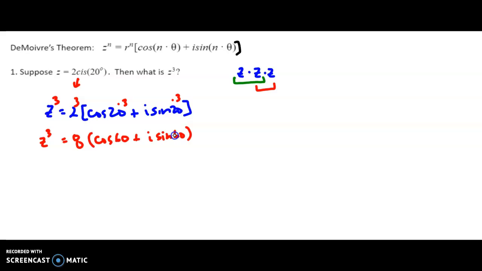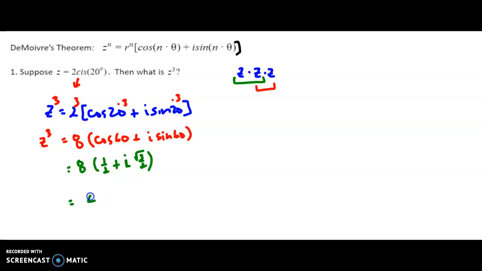Or if it asks you to put it in rectangular form, then you would evaluate these, okay? If it does ask you to put it in rectangular form, then we're going to go through and work this out, right? The cosine of 60 degrees is 1/2 plus I times, that's going to be root 3 over 2, and then we distribute the 8, right?